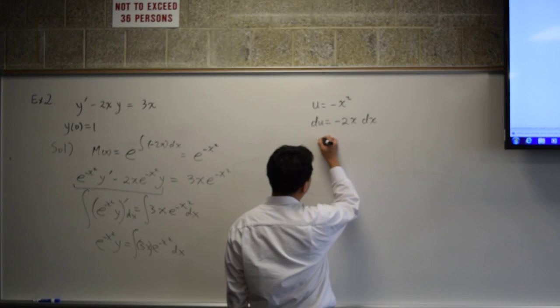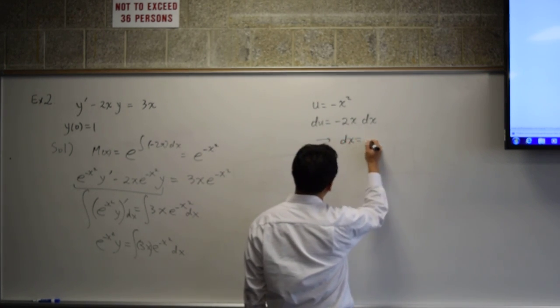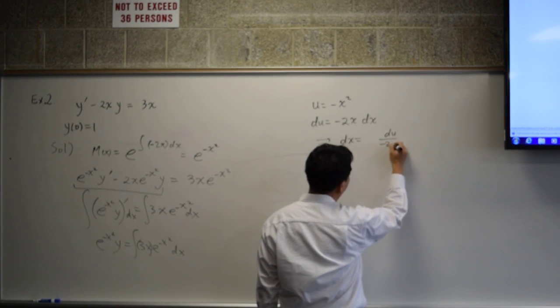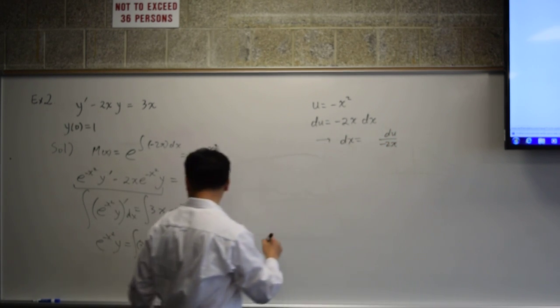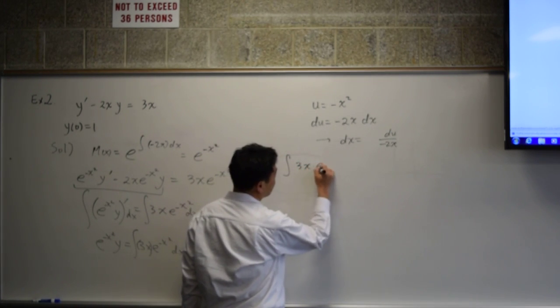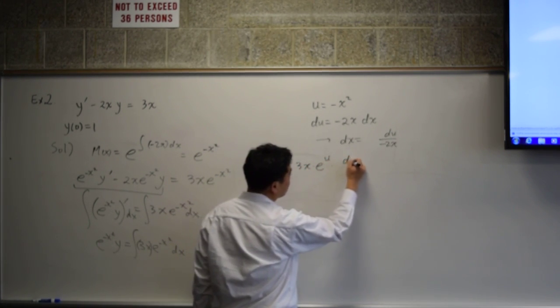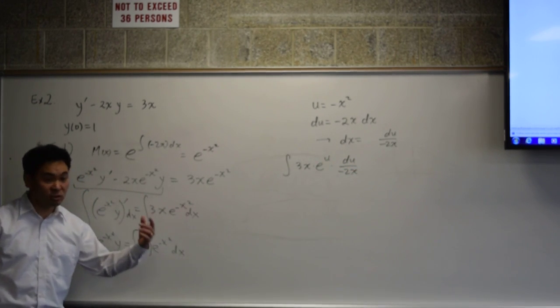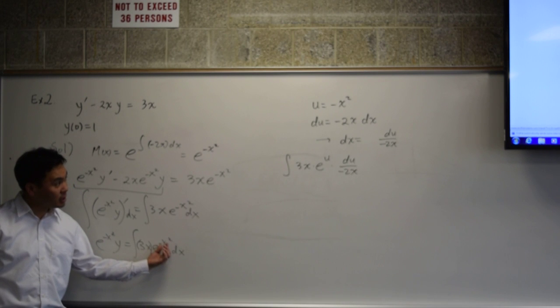So if I solve this for dx, I have dx equal to du over negative 2x, and then I can rewrite this integral as 3x times e to the u times du over negative 2x. See, I replaced dx by du over negative 2x and negative x squared by u.